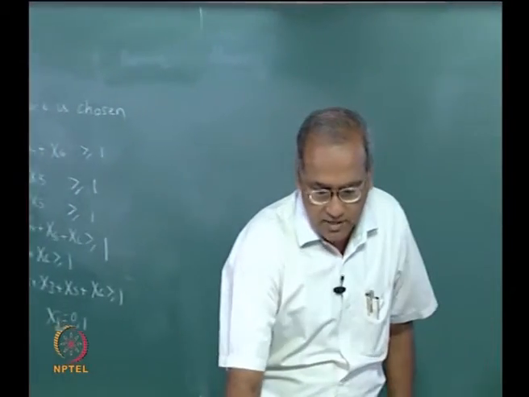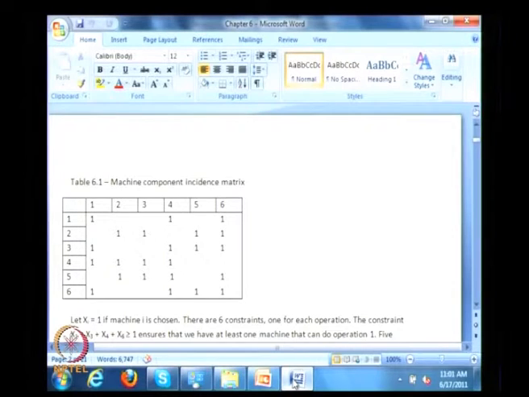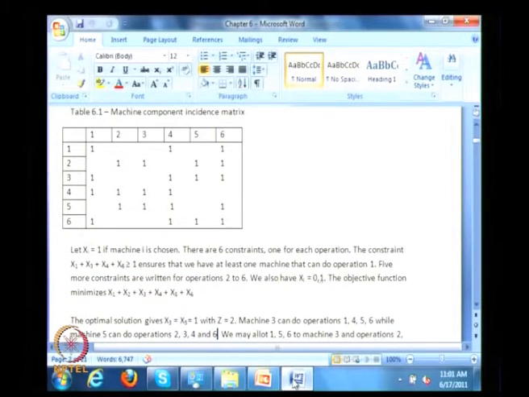So, for this particular example, the optimum solution is x3 equal to x5 equal to 1.